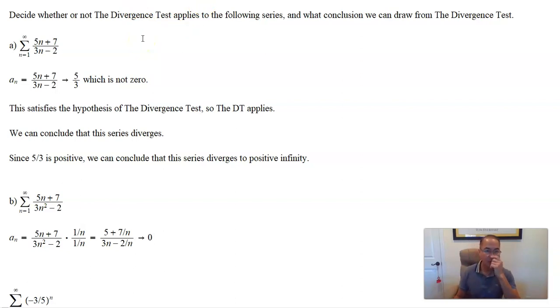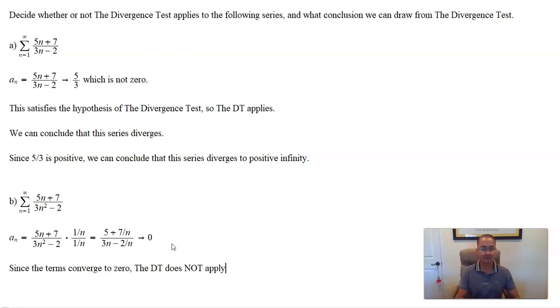So do we satisfy the hypothesis of the divergence test? No. The test requires that the terms do not converge to 0. Since the terms converge to 0, the divergence test does not apply.